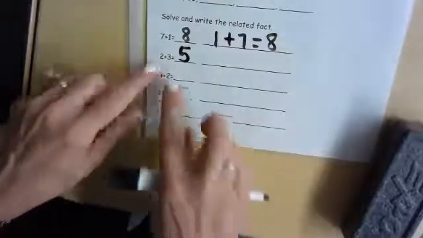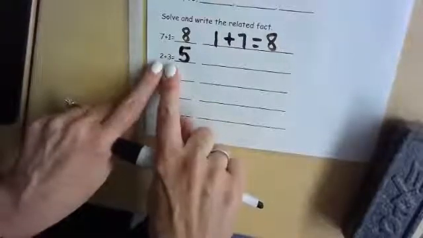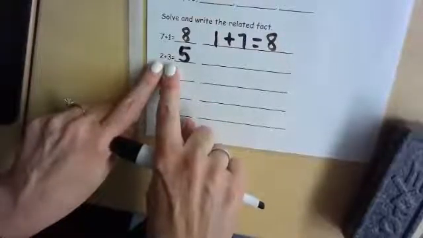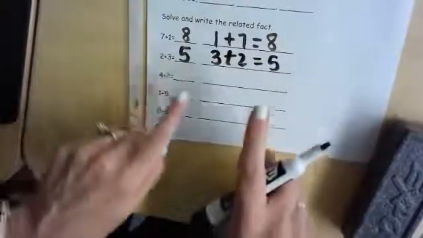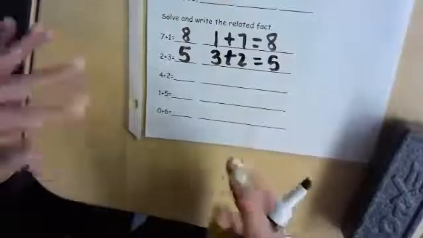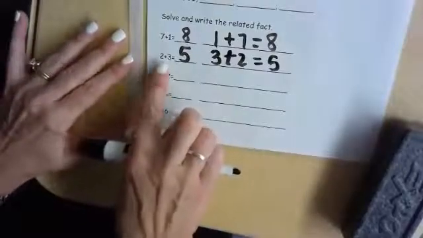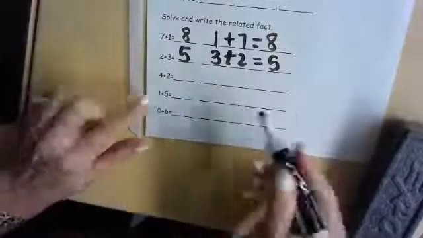The related fact would be to switch these 2 addends, and it would still equal 5. So we would say 3 plus 2 equals 5. So these are related addition facts because we have the same 3 numbers. I am just doing basically addition, not throwing that subtraction in there yet.